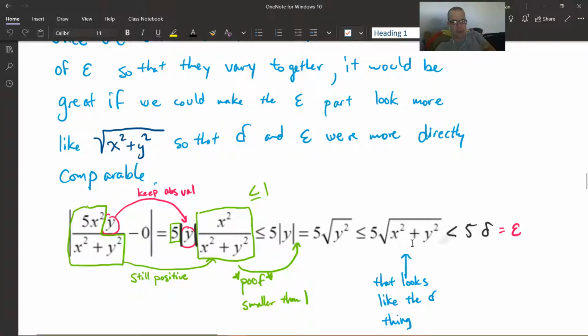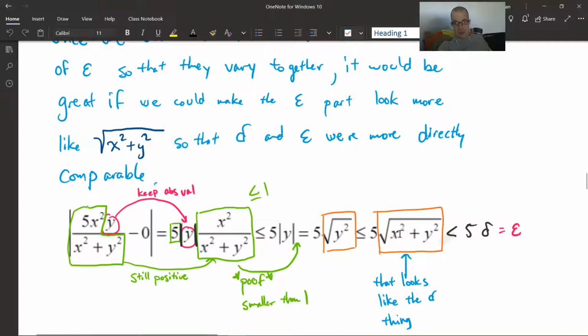Now, this part might look weird, but we're comparing, let's go orange, we're comparing the square root of y squared, and why should that always be smaller than the square root of x squared plus y squared? For a very similar reason to this less than or equal to thing that we had before.